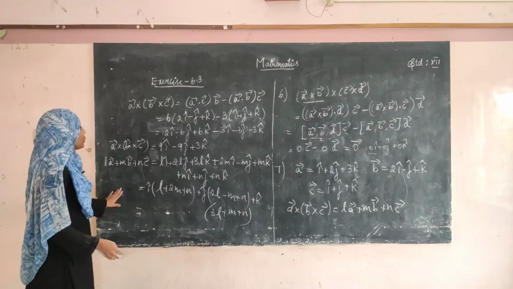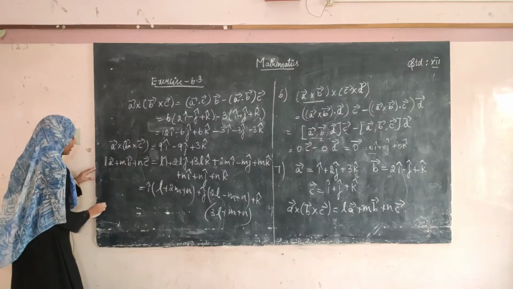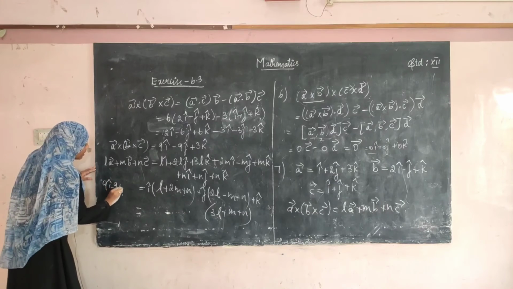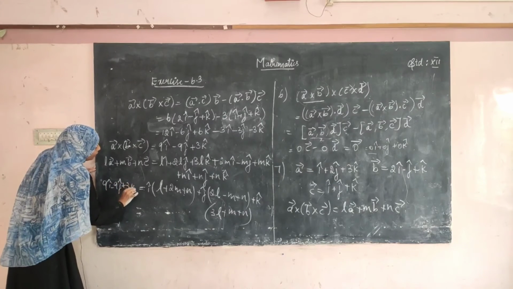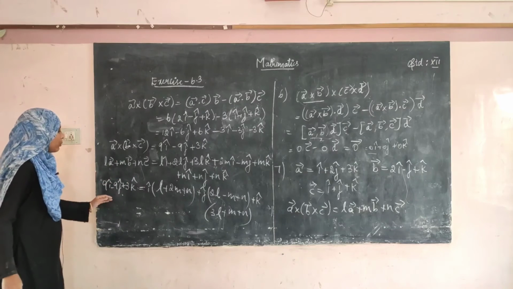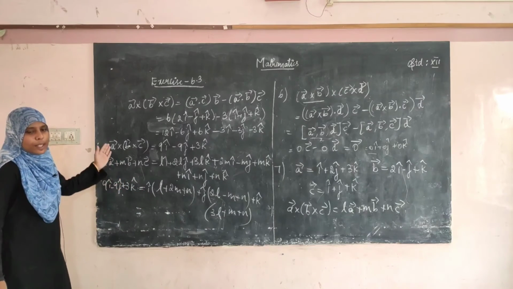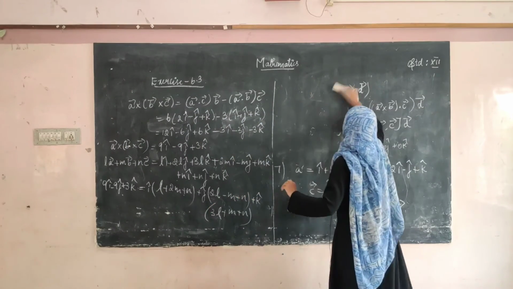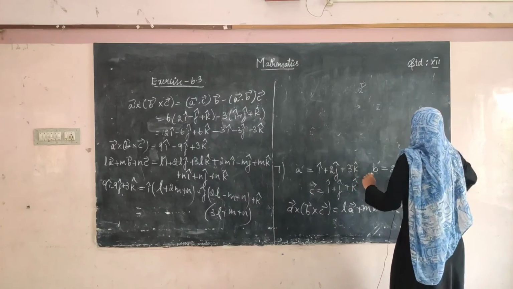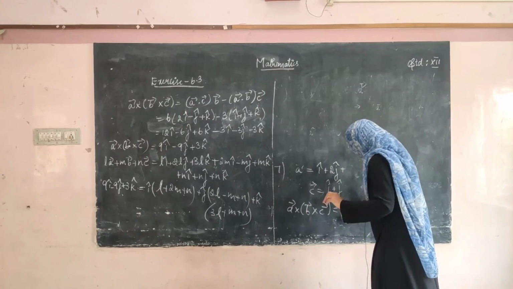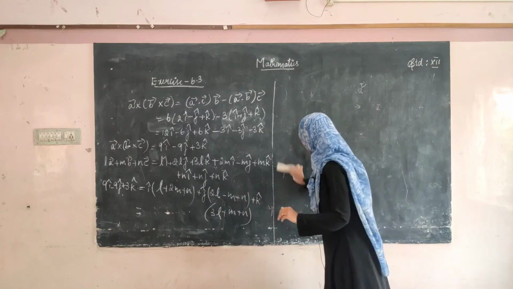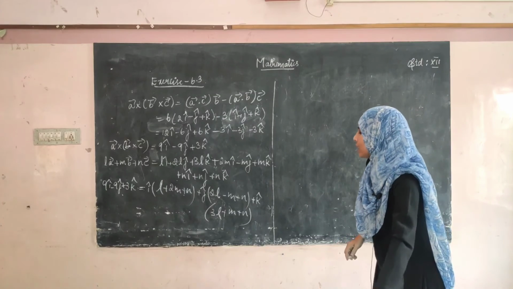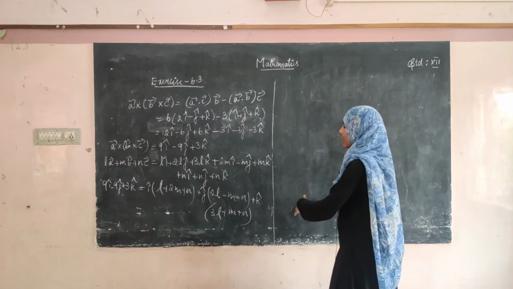Okay, so now you have to equate this term and this term. So what's the answer here? On the left hand side we will be getting 9i cap minus 9j cap plus 3 k cap. Now equate the coefficients of i cap, j cap and k cap separately.